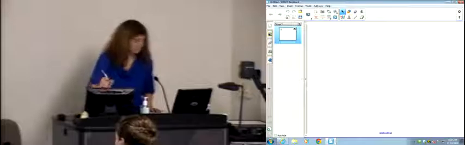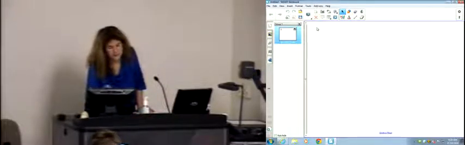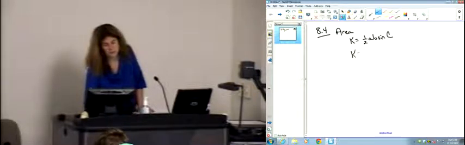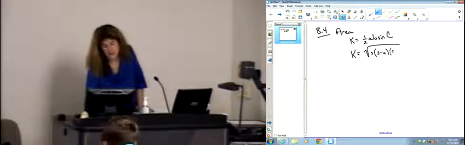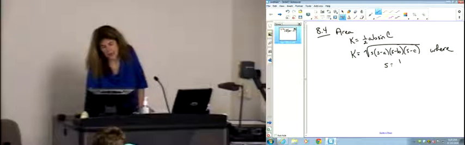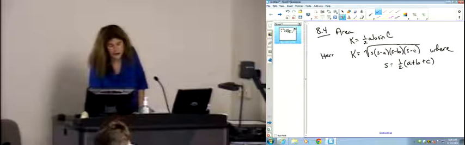So let's look back just a moment in section 8.4 over on page 538, if anybody had a question back there. In 8.4, we were looking at the area of the triangles. We had 2 formulas. One was K equals 1/2 AB sine angle C. The other one was K equals the square root of S times (S minus A) times (S minus B) times (S minus C), where S was equal to half of A plus B plus C. The second one's called Heron's formula.